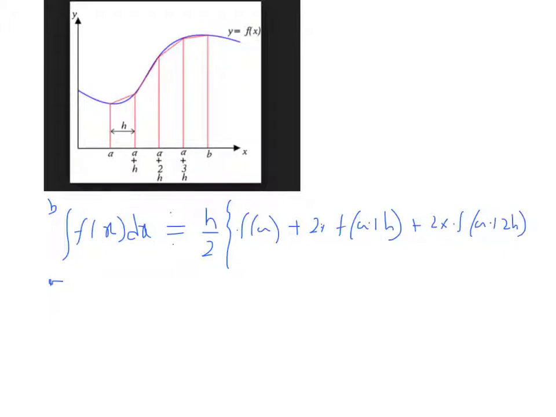The integral of f of x dx would be approximately h over 2, f of a is the first, plus 2 times f of a plus h, plus 2 times f of a plus 2h, plus 2 times f of a plus 3h, plus the last one, f of b.